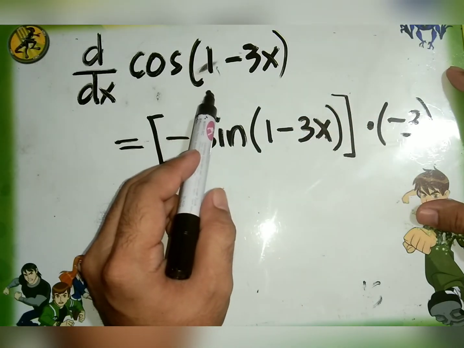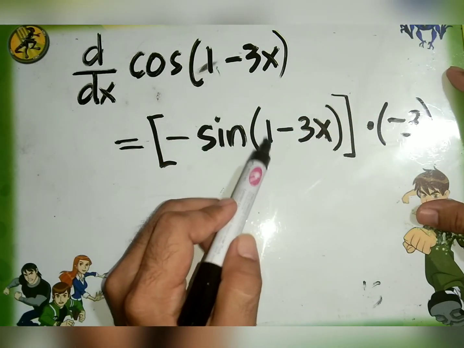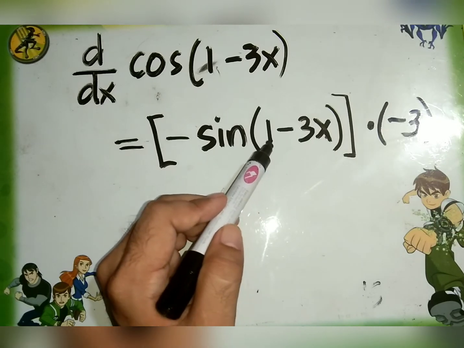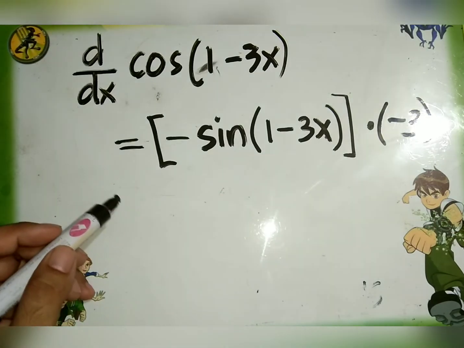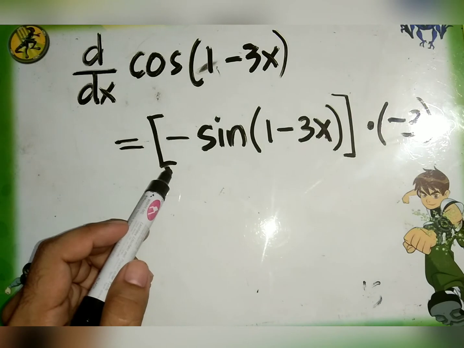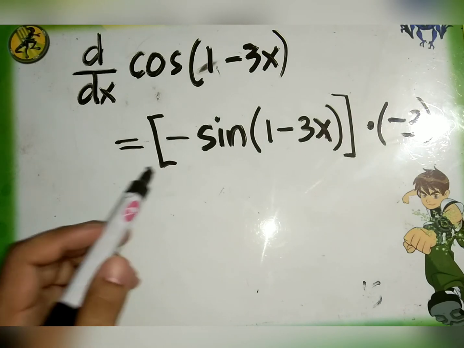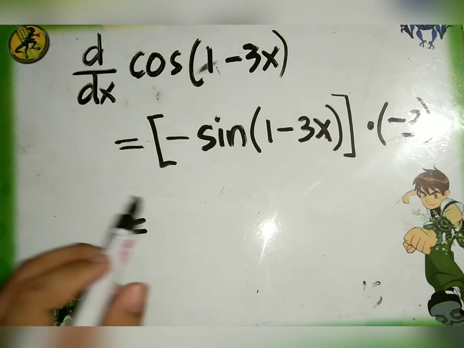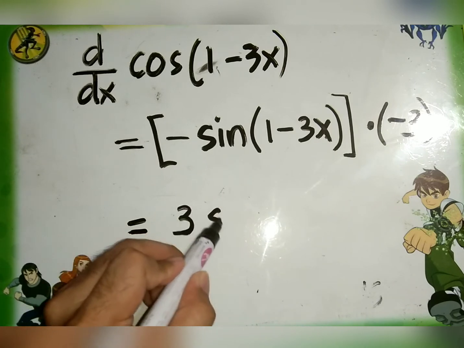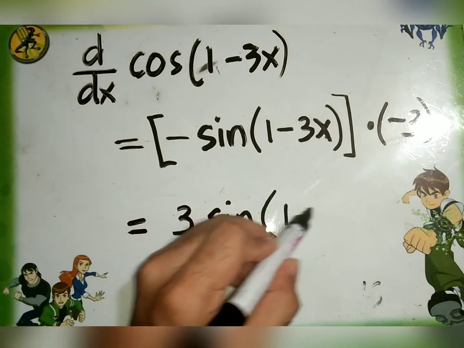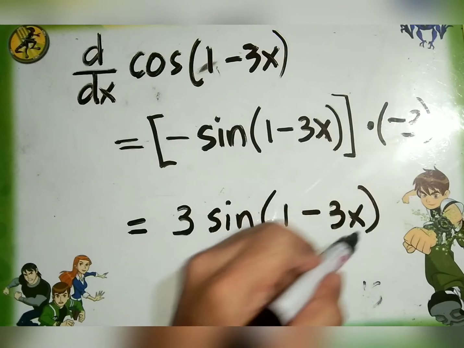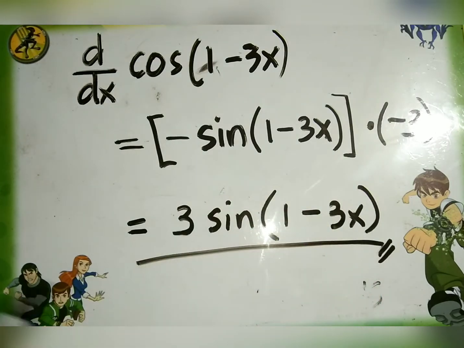Because 1, derivative of constant is always equal to 0. So, negative sine 1 minus 3x times negative 3 is equal to 3 sine 1 minus 3x. Okay, that is the final answer.